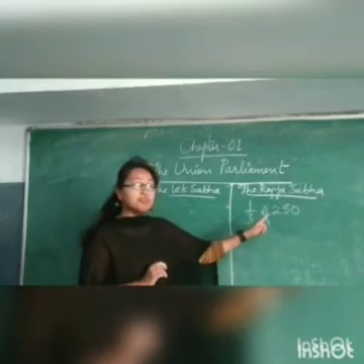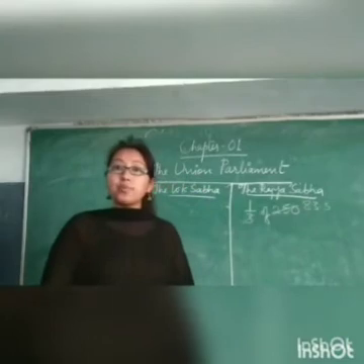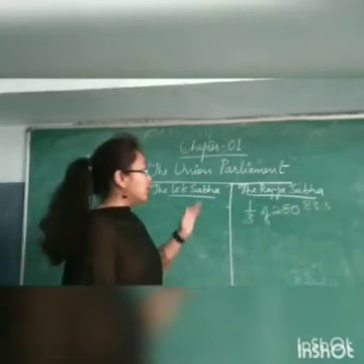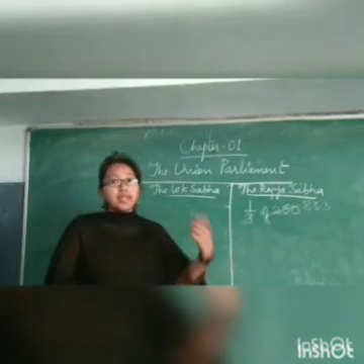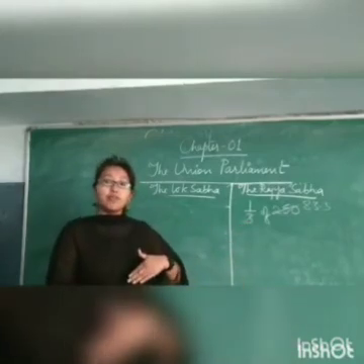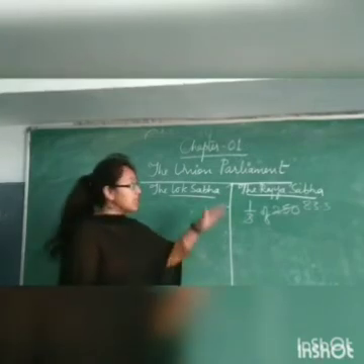So Rajya Sabha is known as a permanent chamber. 1/3 of 250 is 83.3, so 84 members are retired after every 2 years, and the vacant seats are filled by freshly elected members.